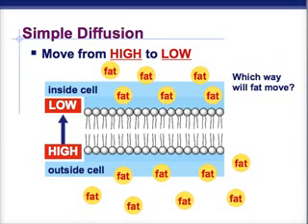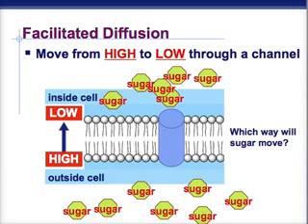If materials are simply moving from high concentration to low concentration straight through the membrane, it is referred to as simple diffusion. On the other hand, if the molecules are moving from high concentration to low concentration through a channel, it is referred to as facilitated diffusion. Facilitated means that you must initiate it, which is what the channel does.